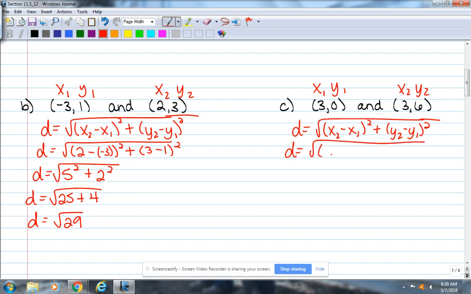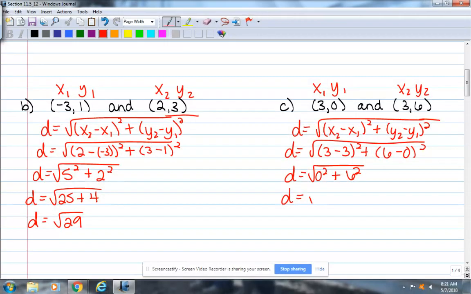So what goes in for x2? 3 minus x1 squared plus what's y2? 6, minus 0 squared. What's 3 minus 3? 0 squared plus what's 6 minus 0? 6 squared.